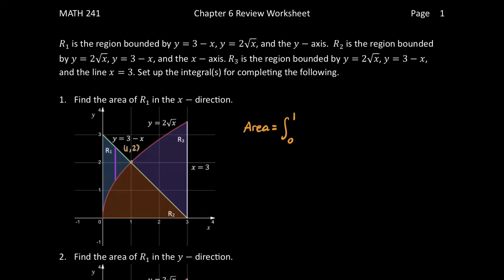Top minus the bottom. Top is 3 minus x, minus the bottom. Bottom is 2 square root of x. And remember to finish up with dx or dy accordingly to complete the integral. Right, it's the height times the width, so don't drop the width of the rectangle. Okay, so that's number one.